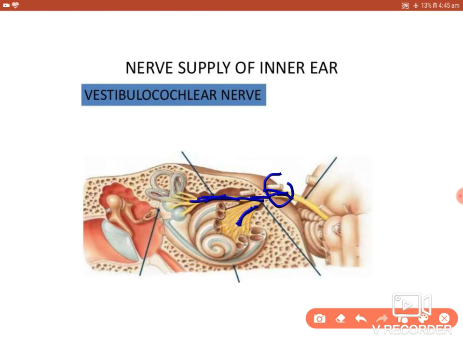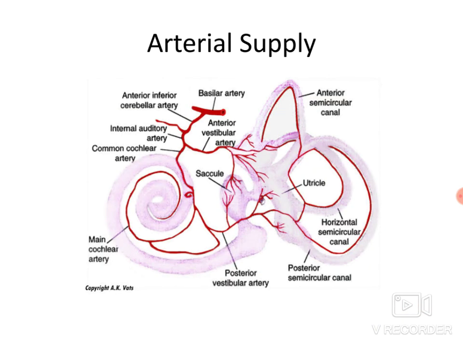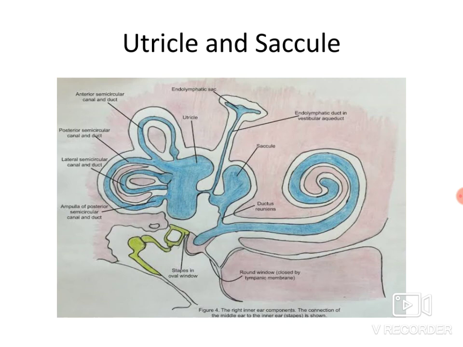The vestibular nerve is responsible for balance, and the cochlear branch is responsible for hearing. So that's about the inner ear.